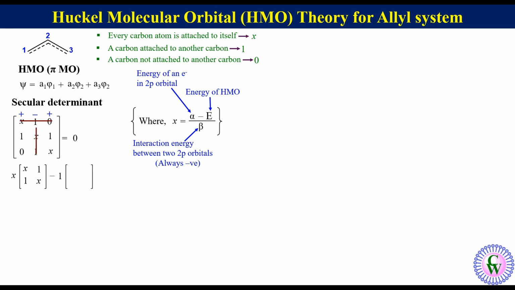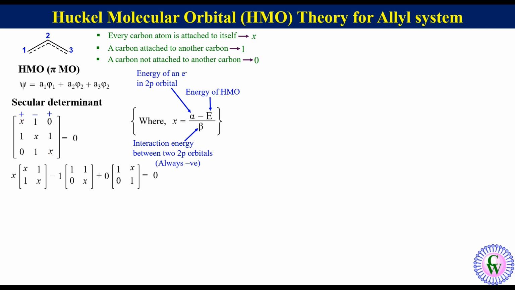So it will be 1 1, 0 X. The third place is again positive and there is 0. So put plus 0 and multiply it with 2 into 2 matrix formed by ignoring figures in front of 0, which is 1 X, 0 1. These all will be equal to 0.